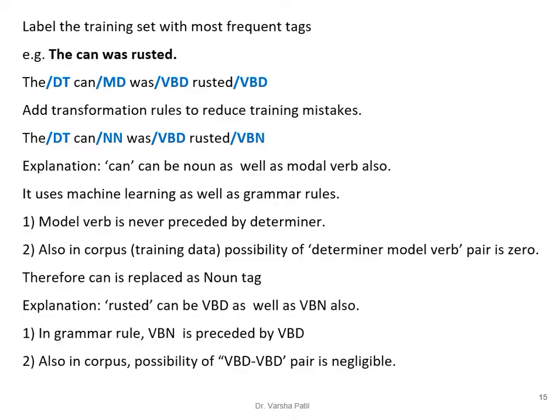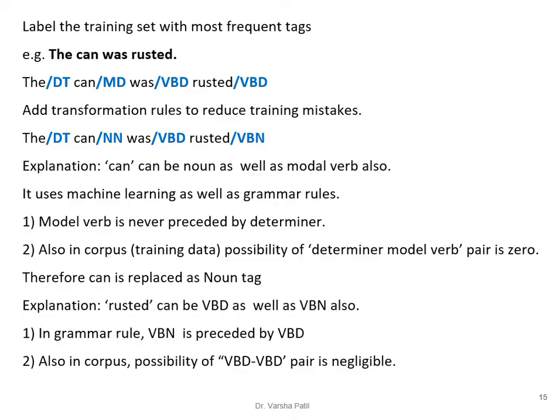Label the training set with the most frequent tags. For example, see: the can was rusted. Initially, the is assigned as a determiner. Can can be a modal verb, but here can is a noun, yet it first assigned can as a modal verb. Was is past tense, and rusted is also past tense. Add transformation rules to reduce the training mistakes.